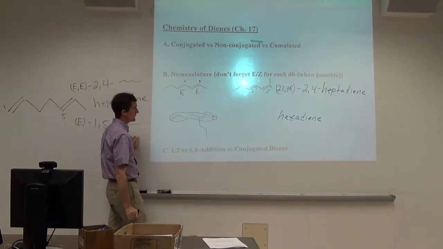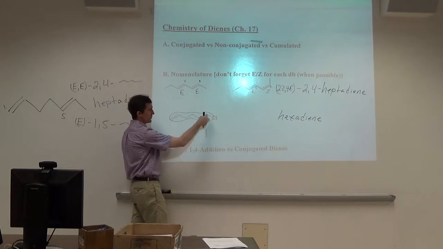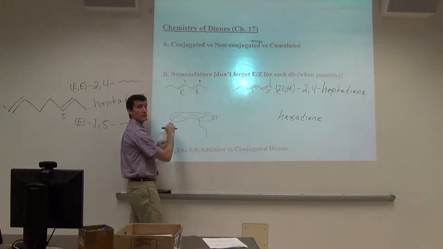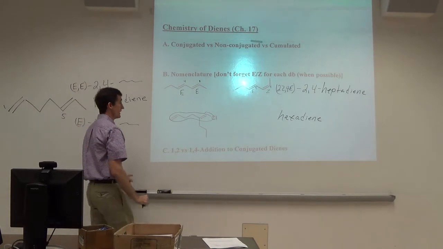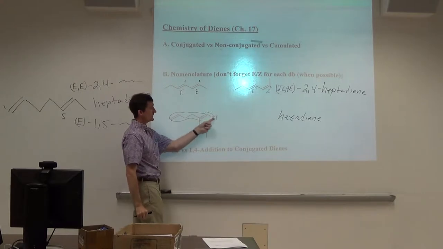What are the numbers of the hexadiene? 1, 2, 3, 4, 5, or 1, 5, or 1, 5. Either way you go, you get 1, 5. How do you want to decide? Give subs lowest numbers. If that's 1, chlorine would also be 1.